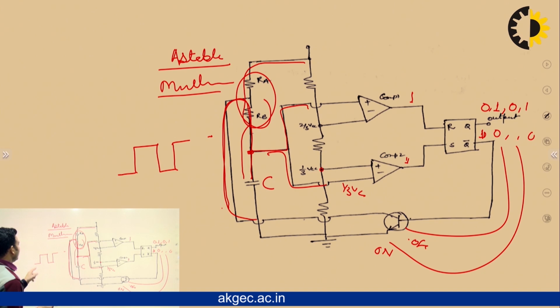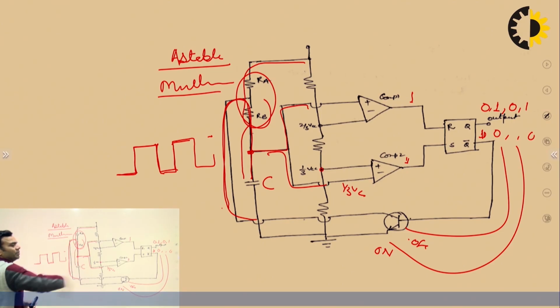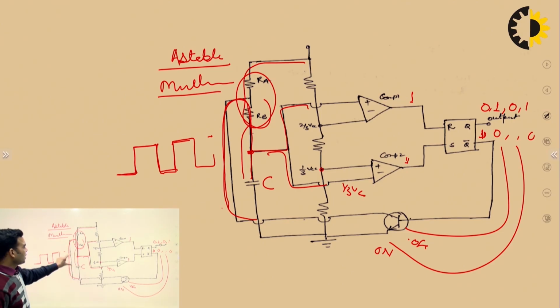So, I haven't done anything, I am simply analyzing this circuit. It is providing output as 1, 0, 1, 0, 1, 0 and so on, because this capacitor will charge up to 2/3 VCC, discharge up to 1/3 VCC, 2/3 VCC, 1/3 VCC.